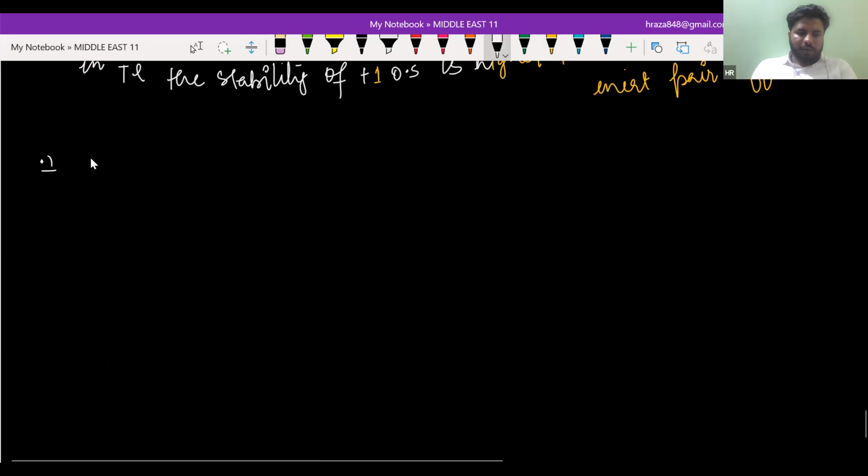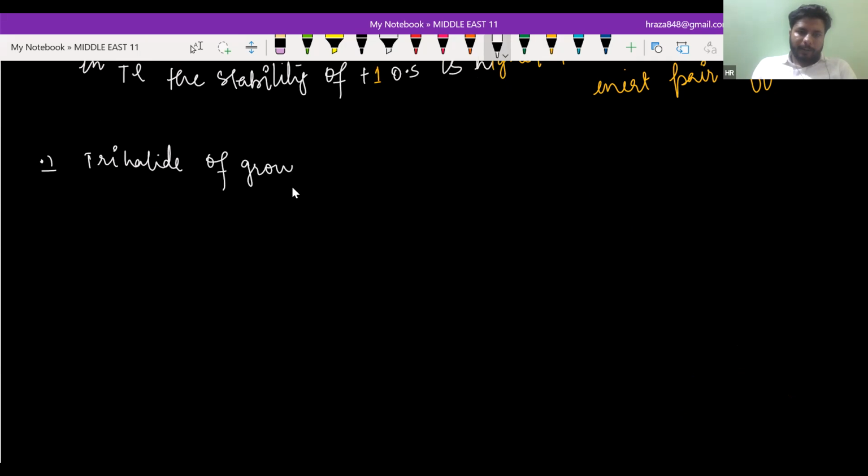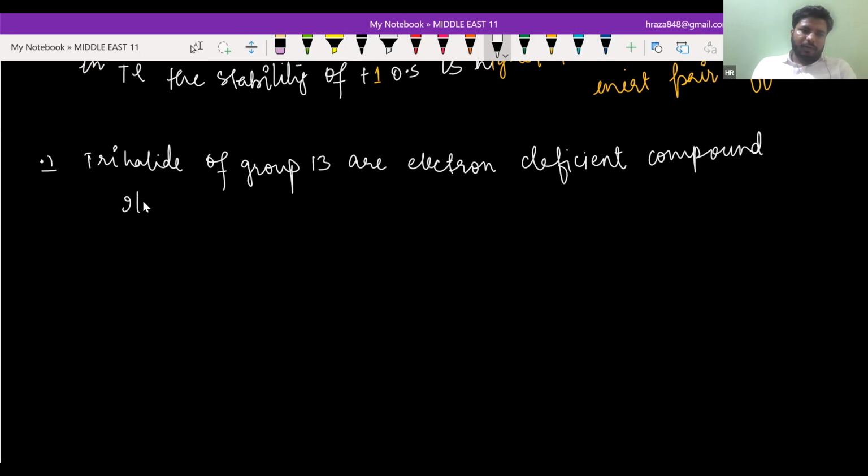Write another point which is very important. Trihalides of group 13 are electron deficient. They are Lewis acids. We have completed equilibrium, right?